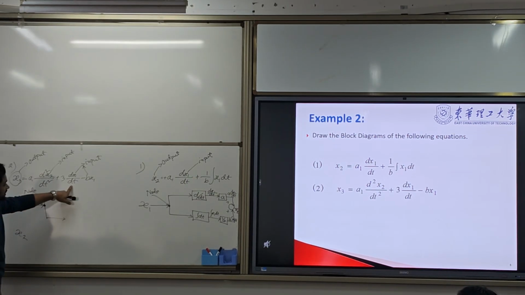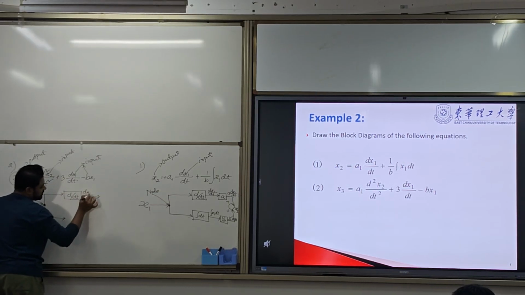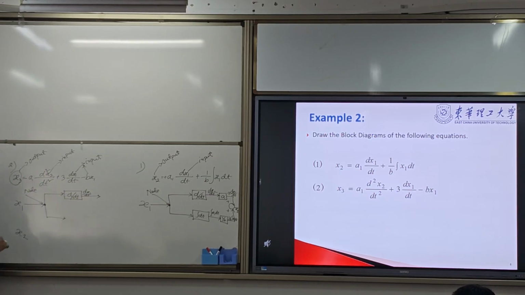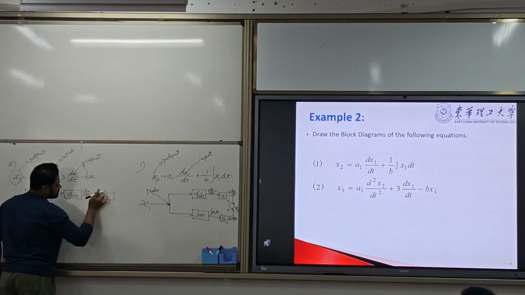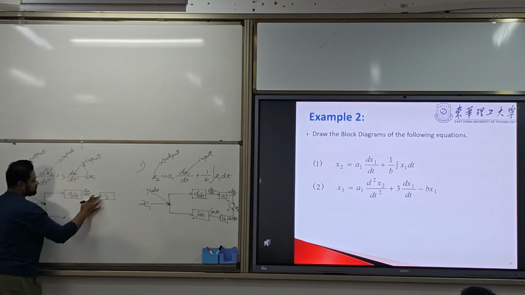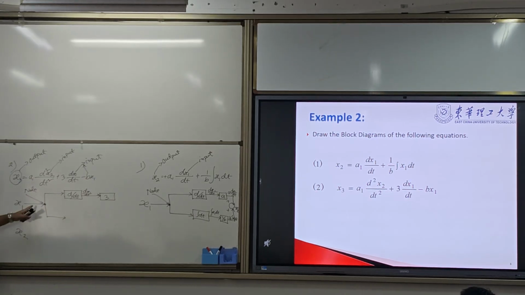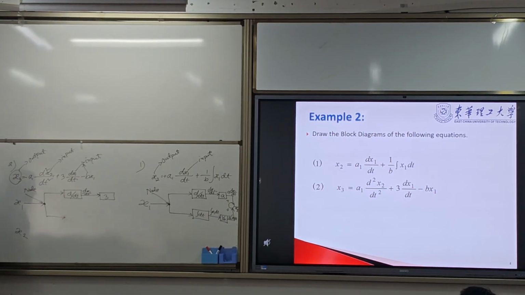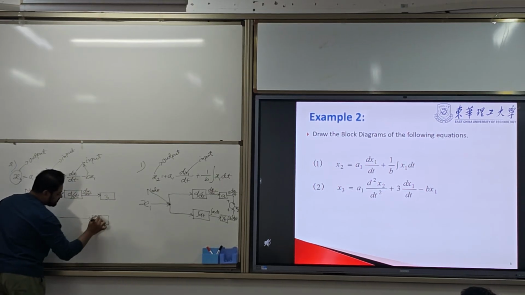First one, we have a differentiation, d/dt, which gives you dx1/dt. Then it is multiplied by a constant gain, that is 3, so we have another block, 3. Now the second one: x1 goes through a node and is multiplied with a constant gain b, so we write b.